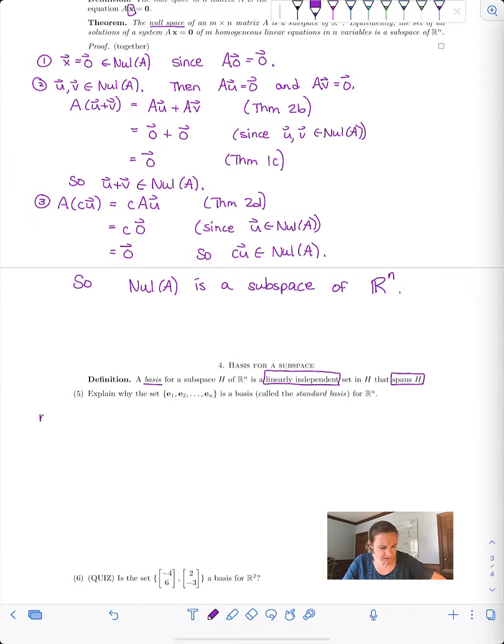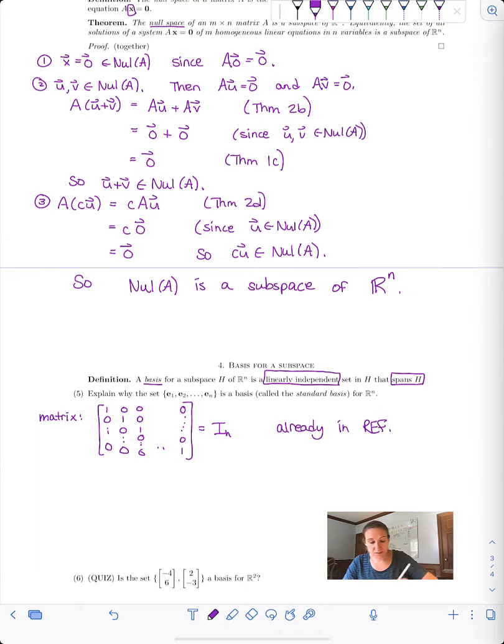The standard basis, E1 through En, remember, is the columns of the identity matrix. So Ei is the vector that has a 1 in the ith position and zeros everywhere else. This is the identity matrix, and it's already in reduced echelon form. To check linear independence, we just look for pivots.